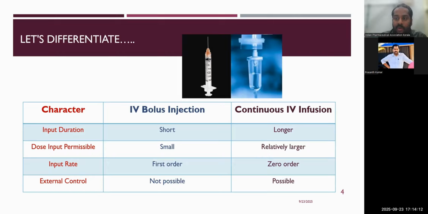The other important difference is that the rate of input follows first order in IV bolus injection, whereas in the case of IV infusion, it follows zero order. So that is a basic difference. And external control is somewhat possible for continuous IV infusion.